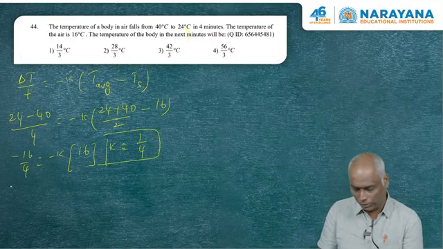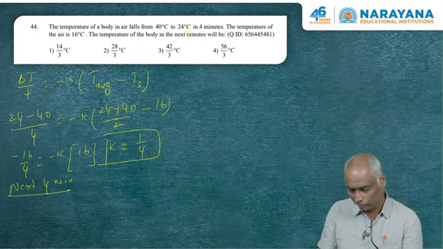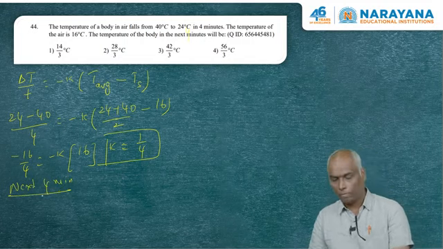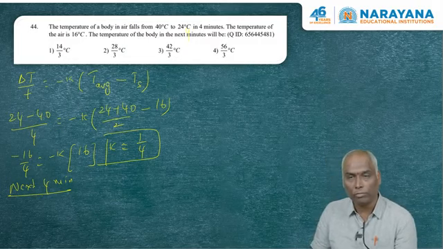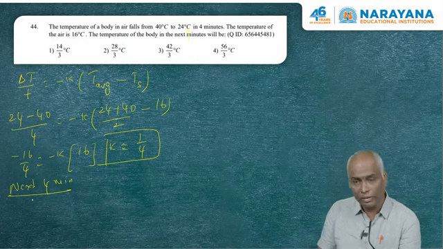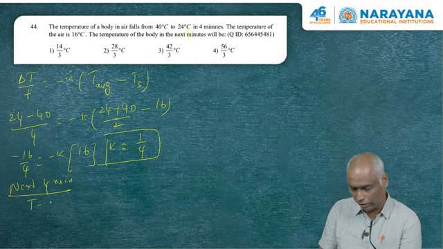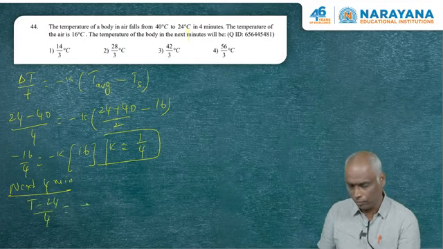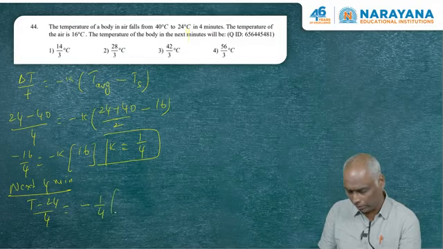In the next 4 minutes, the temperature is going to start from 24 degrees centigrade and we have to find the final temperature. Let's assume that the final temperature is T. Again, by applying Newton's law of cooling, we get (T minus 24) divided by 4 equals minus K, which is 1 divided by 4, into the average temperature (T plus 24) divided by 2 minus the surroundings temperature 16.